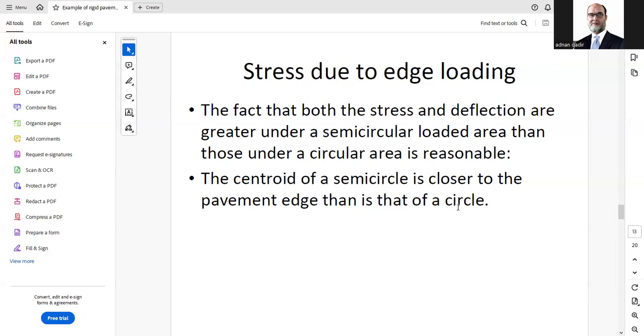Normally, when you drive a vehicle, it is at the center of the road. This happens only when there is undue traffic congestion. If there is undue traffic congestion, then there are chances that we may come to the edge of the pavement.